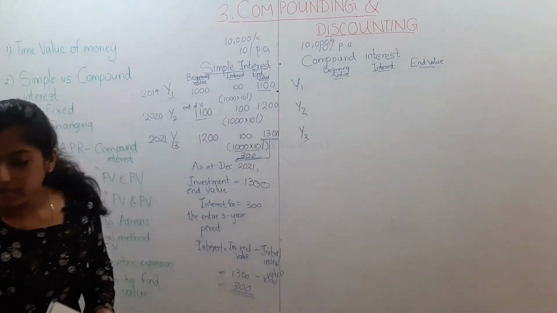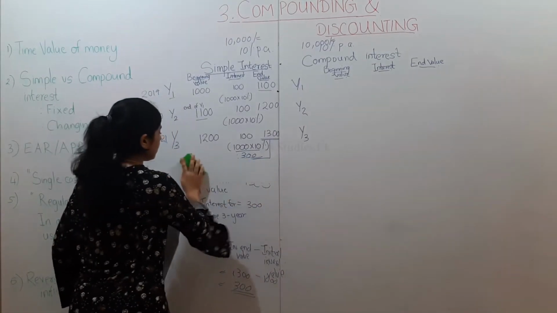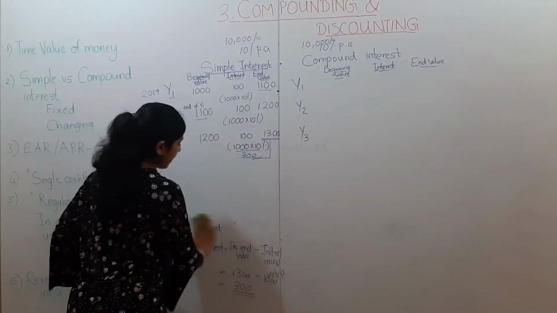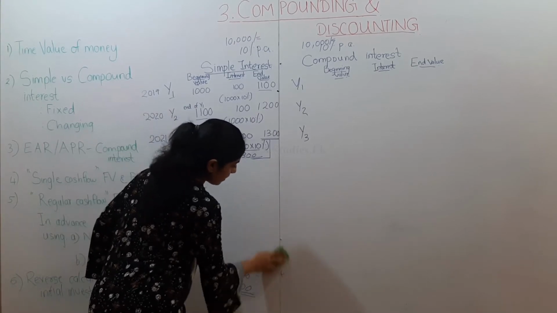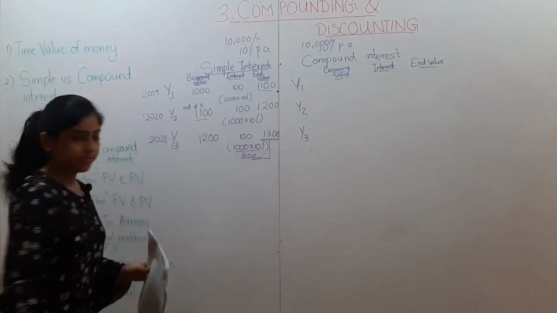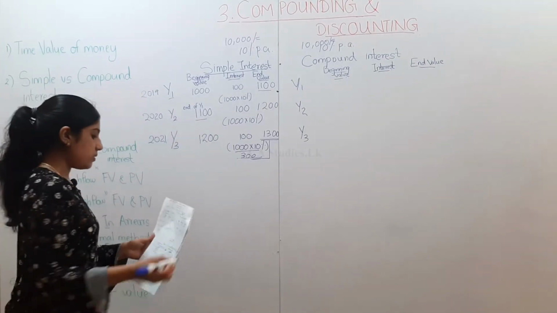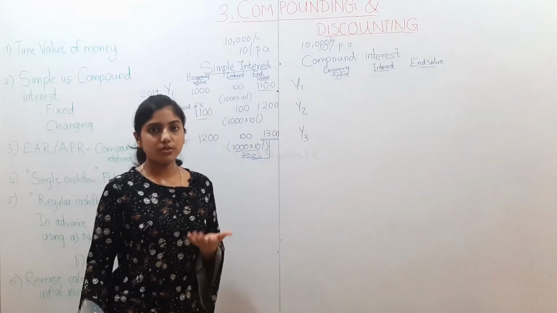So let's take a look at how to create a formula for this simple interest calculation without doing the table. In your exam, you do not have to do the table.